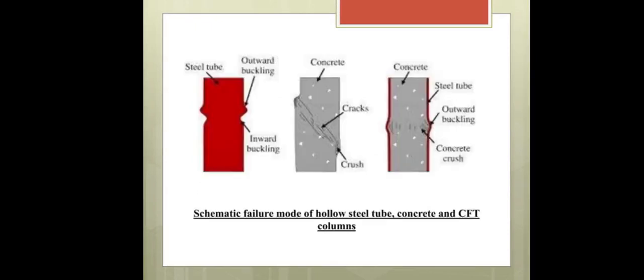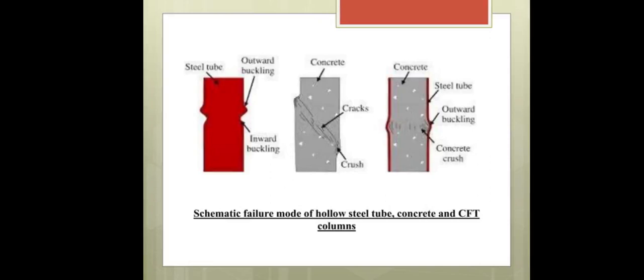As we can see in the diagram, in hollow steel tubes outward buckling may occur, while in plain concrete cracks are developed. These cracks may lead to corrosion and the capacity of the member may reduce in the long term.